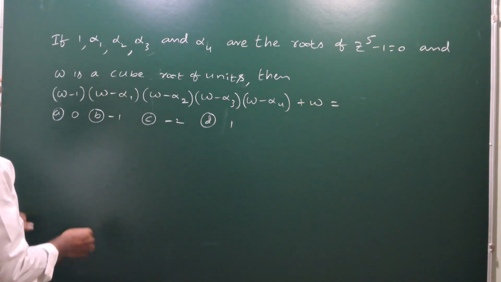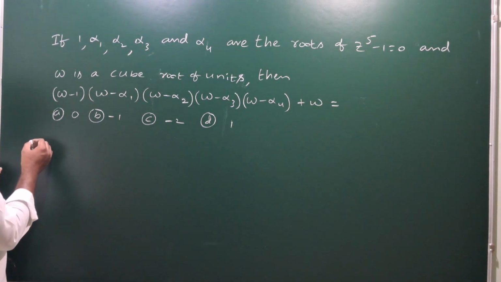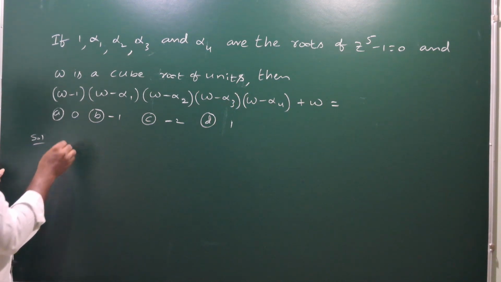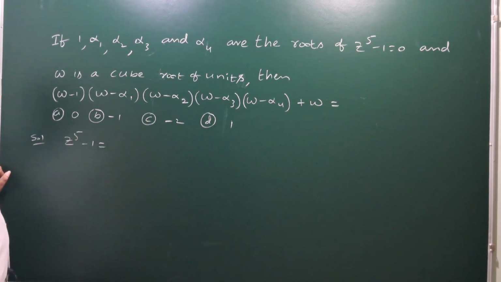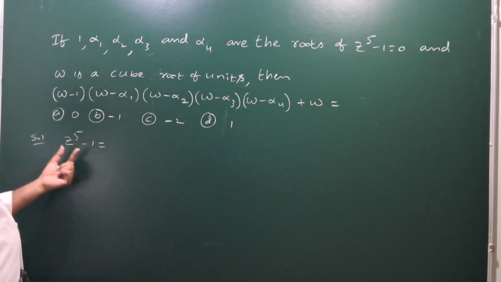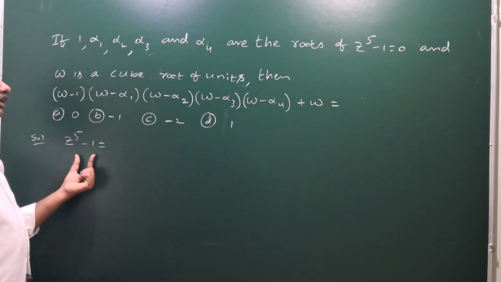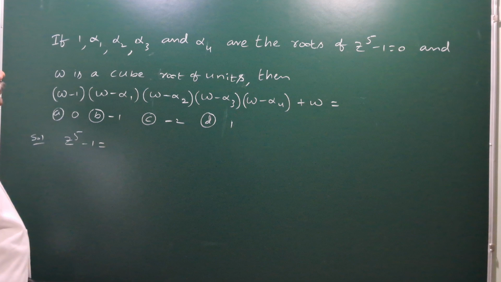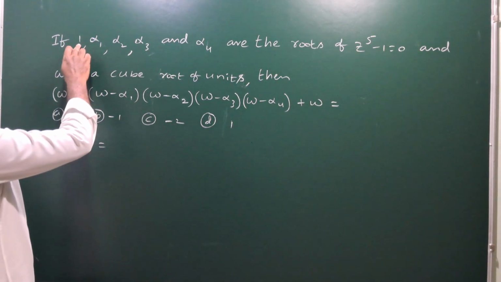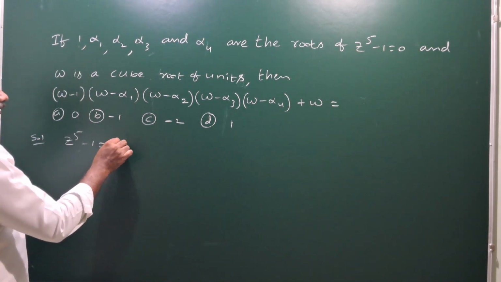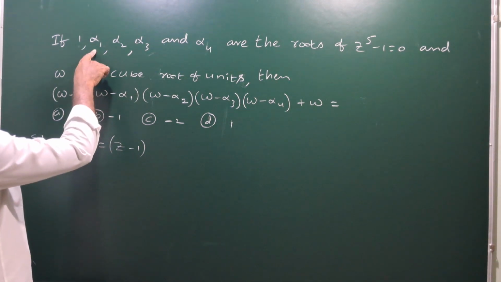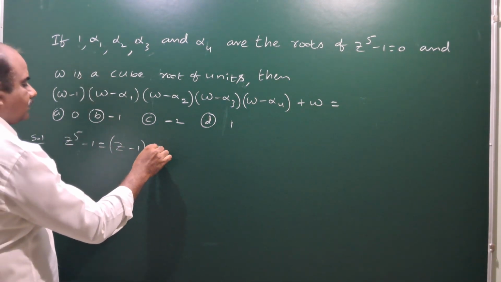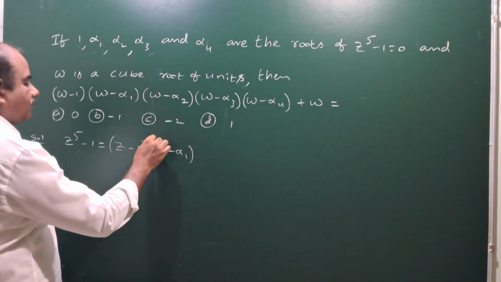Therefore, how can we express the factors of that polynomial? Let us see that. So z^5 - 1 can be expressed as a product of factors. If 1 is the root of this polynomial, then z - 1 is a factor. If alpha 1 is a root, then z - alpha 1 is a factor.